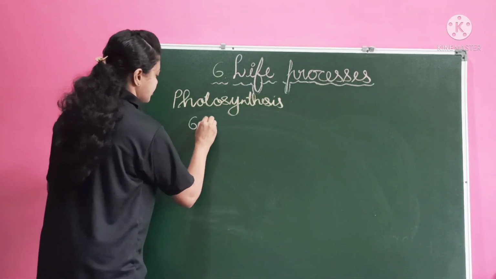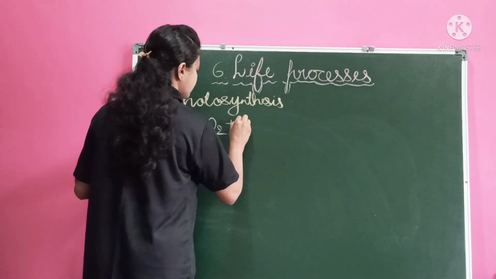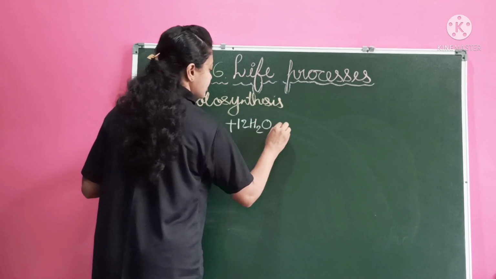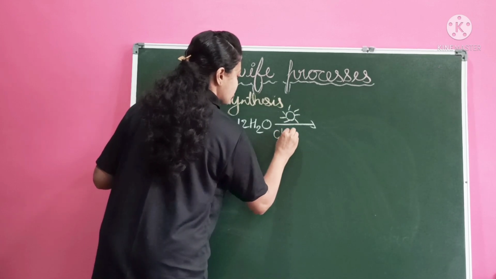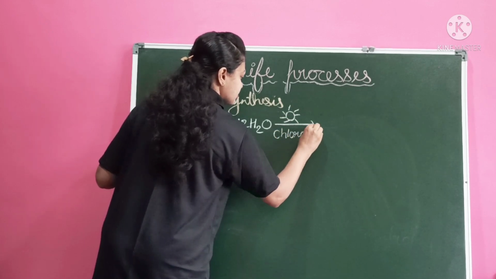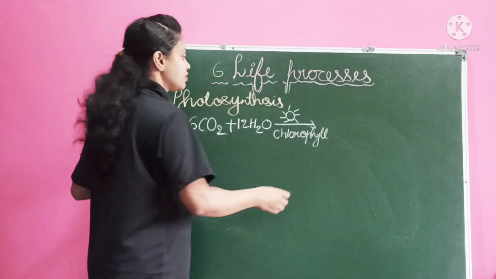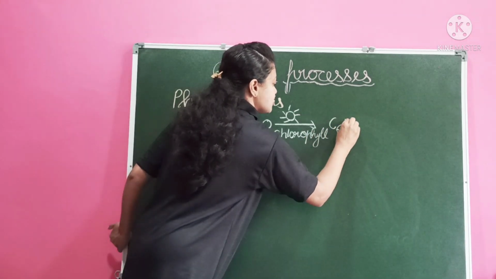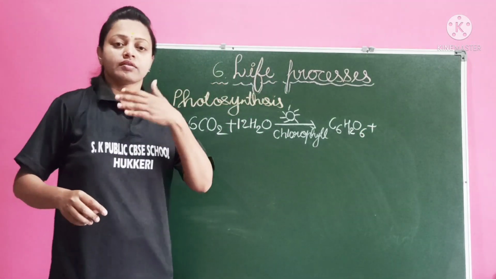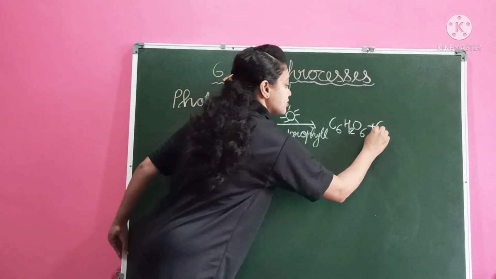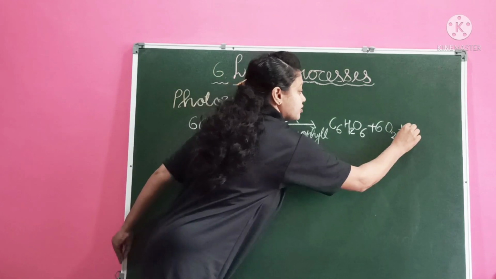It is 6 molecules of carbon dioxide and 12 molecules of water, in the presence of sunlight and chlorophyll, give C6H12O6 plus 6 molecules of oxygen and 6 molecules of water.